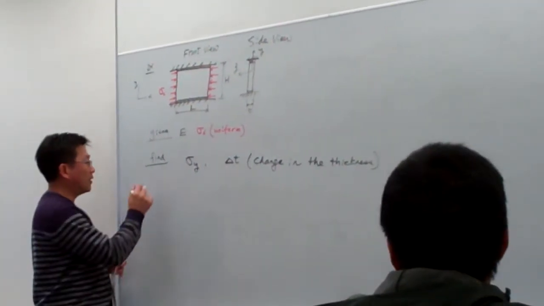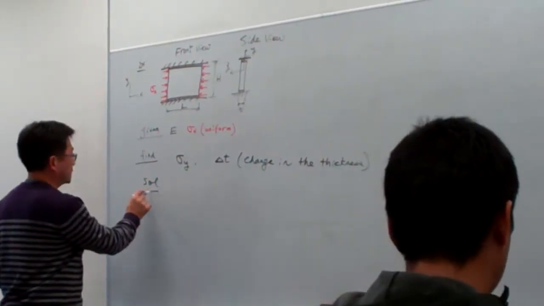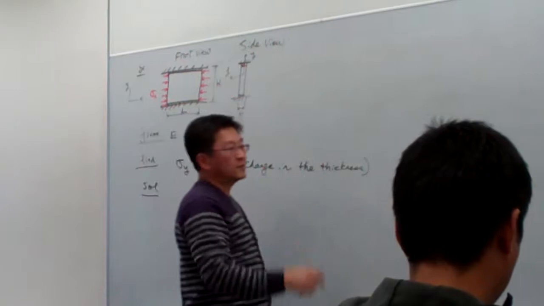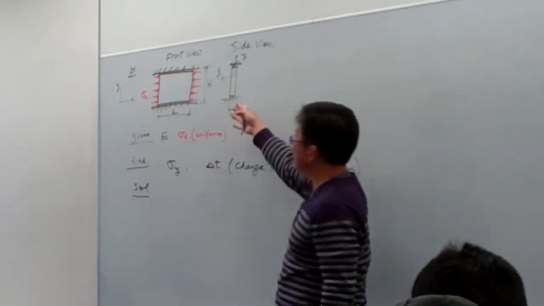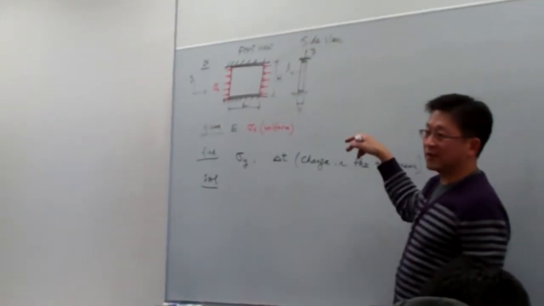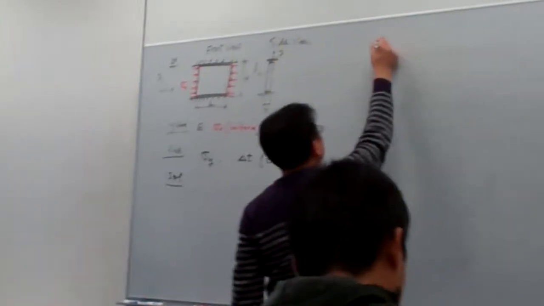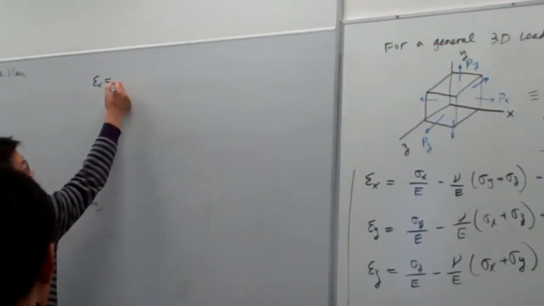Okay, so now for this example, our solution is this. Let me rewrite, because this is a typical three-dimensional loading case. So that is the only equation we can go forward with. Let me write it up here one more time.